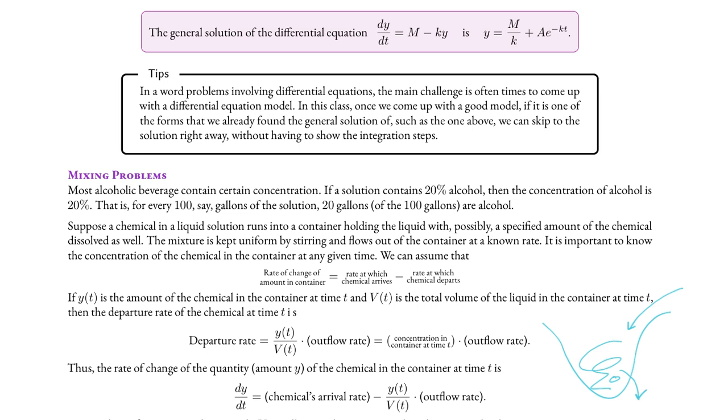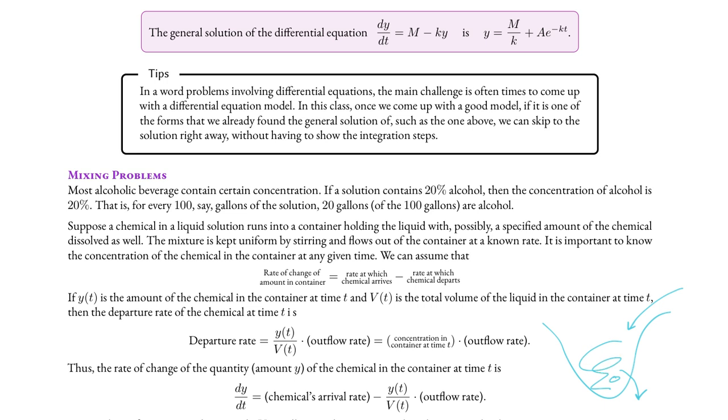Suppose a chemical in a liquid solution runs into a container holding the liquid with possibly a specified amount of the chemical already dissolved inside. The mixture is kept uniform by stirring and flows out of the container at some known rate. We want to know the concentration of the chemical in the container at any time.